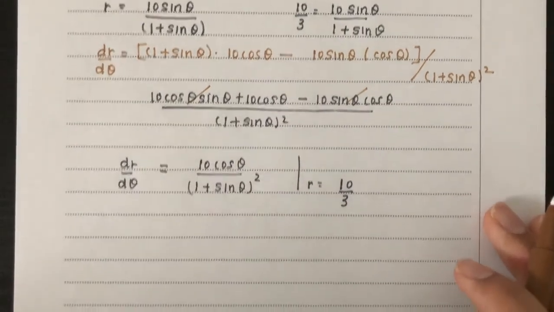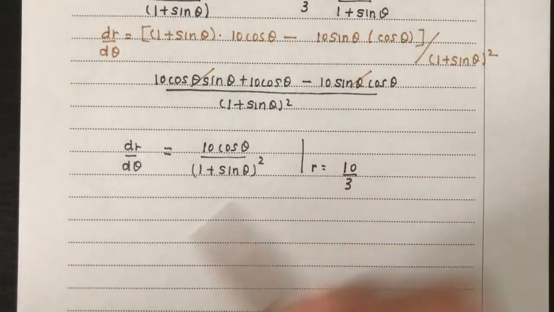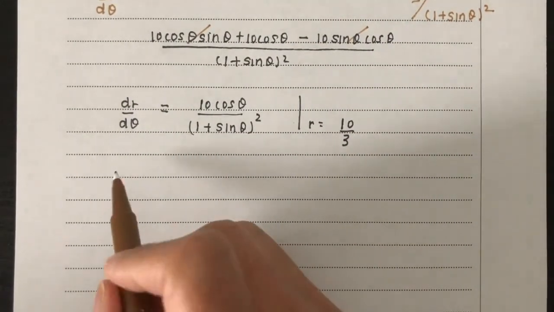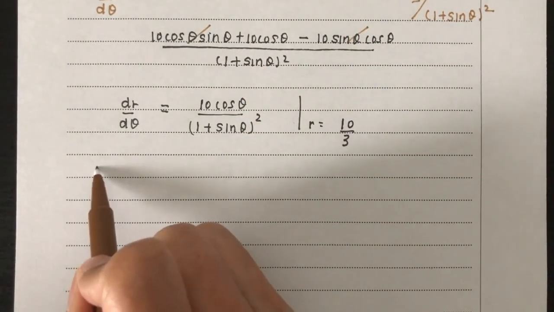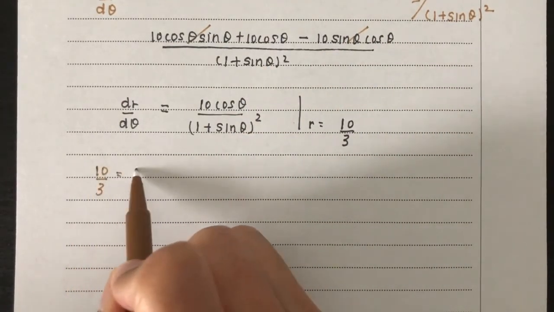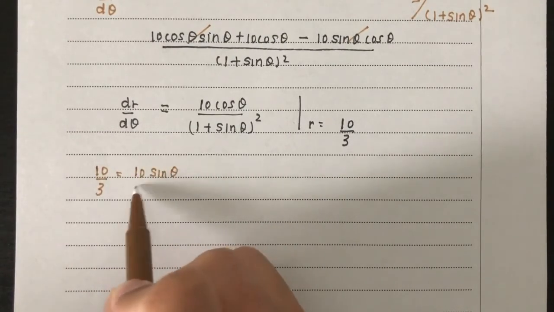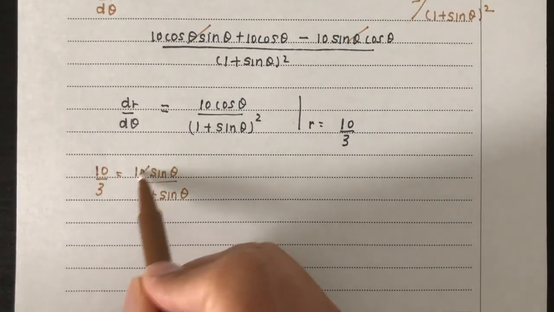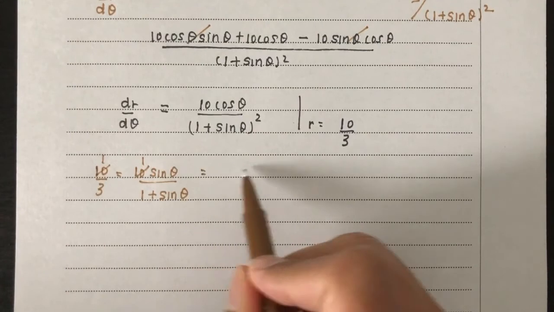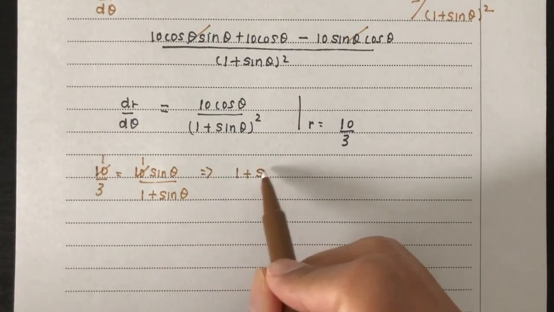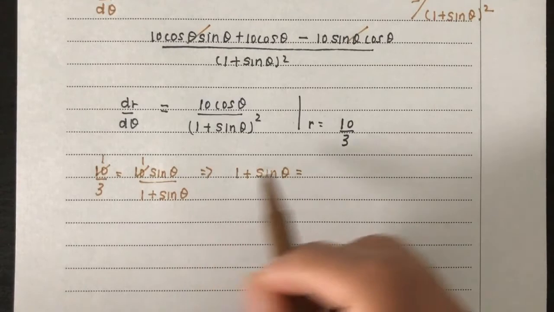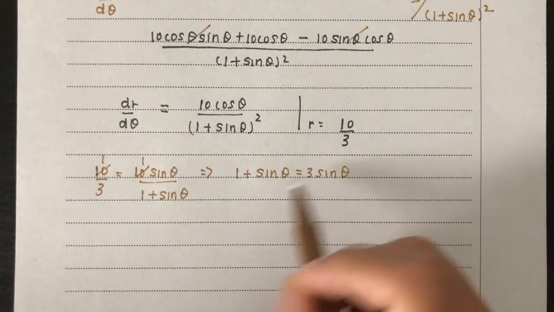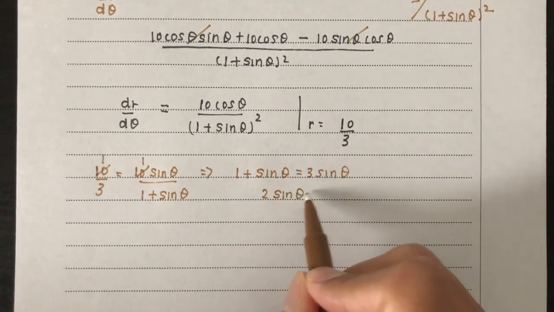If you simplify, the 10 cancels out, and you will have 1 plus sine theta equal to 3 sine theta. Now we send this over here, and you will have 2 sine theta equal to 1.